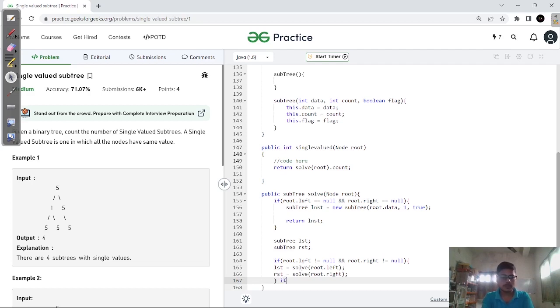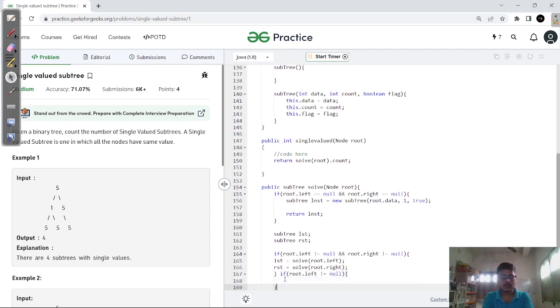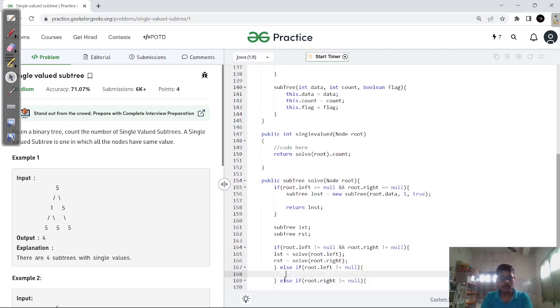If only the left one is non-null, I will do something else, and if only the right one is non-null, I will do something else. I will only call the left part because the right one is null. This is obvious, right?